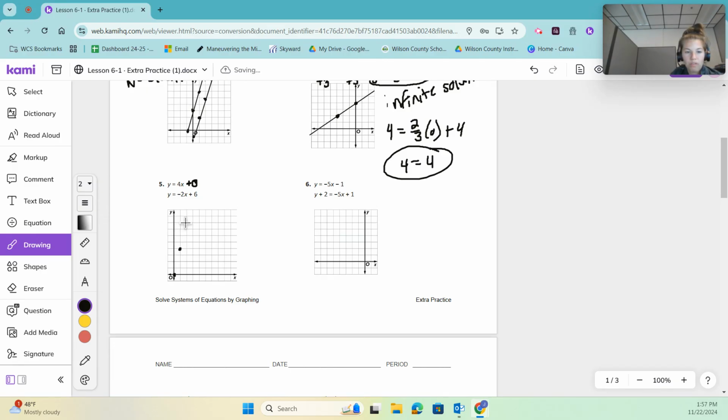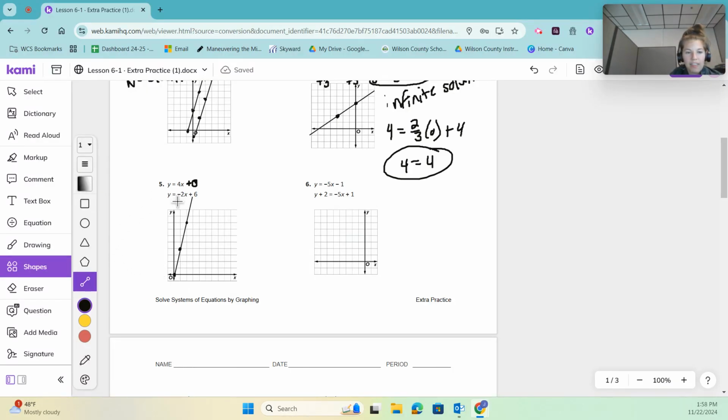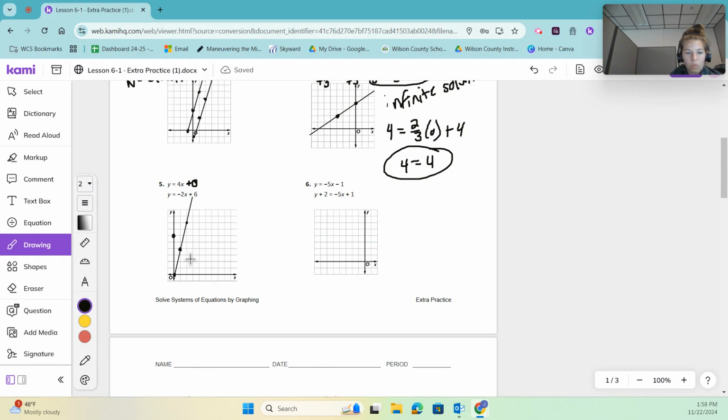Then I have y equals negative 2x plus 6. So 6 is my y-intercept, and then it's down 2 over 1, down 2 over 1.